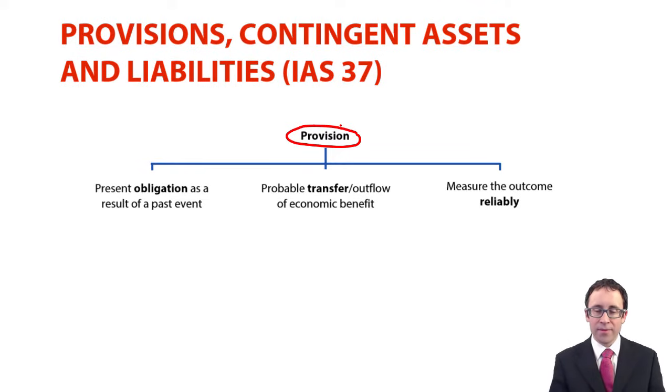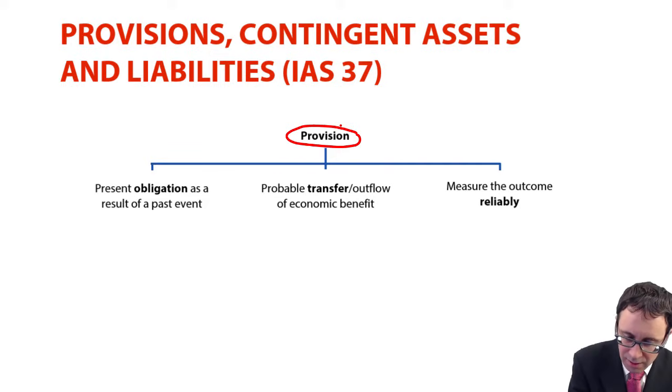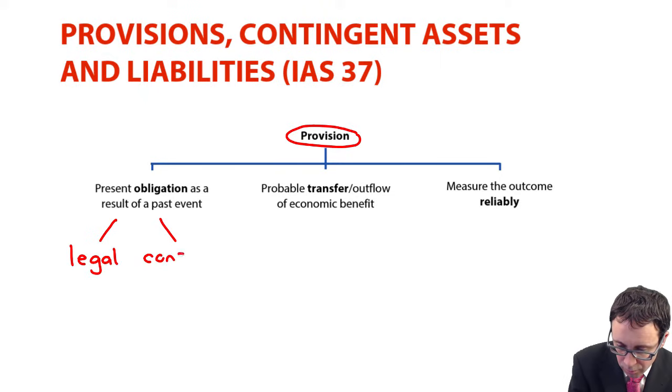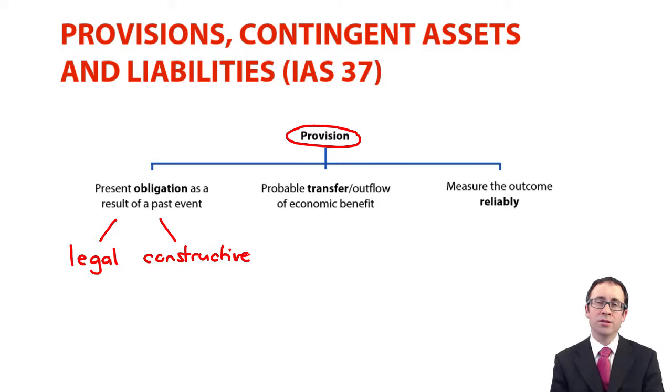So what we've got there is that you need to have a present obligation. So that obligation will either be a legal obligation or a constructive obligation. I think a legal obligation is pretty self-explanatory.